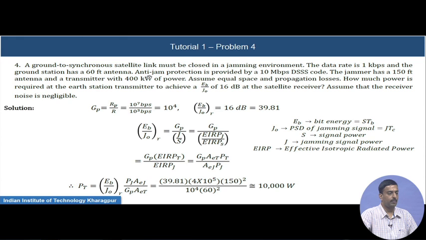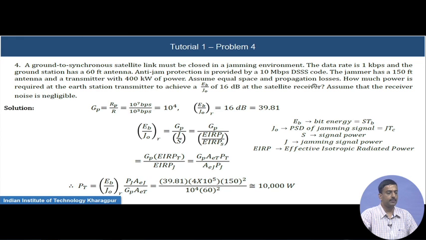We provide an anti-jam protection using a DSSS code with 10 Mbps pseudo-random sequence, and the jammer specifications are that it has an antenna height of 150 feet and a transmit power of 400 kilowatts. So we assume that for both the ground to satellite link transmission as well as the jammer signal, the space and propagation losses are the same.